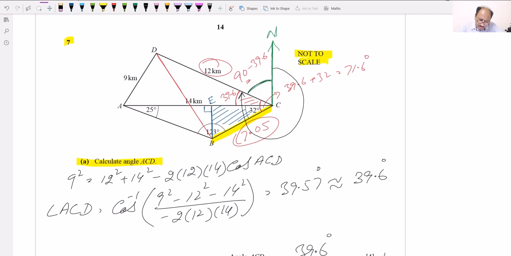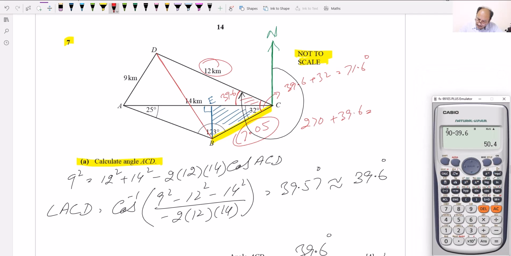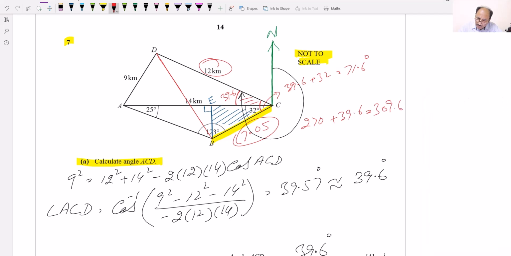Otherwise, what we can do, we can take this angle which is 270 plus 39.6. So better to take this angle which is 270. This is 270 plus 39.6, and this will be equal to 309.6.